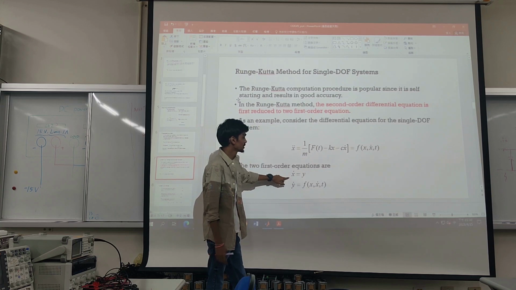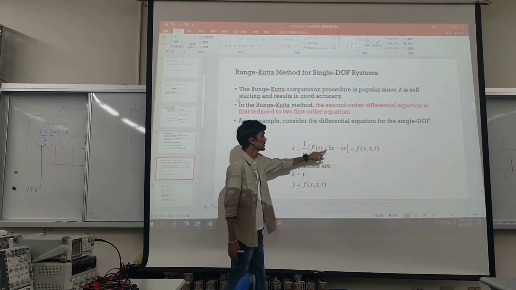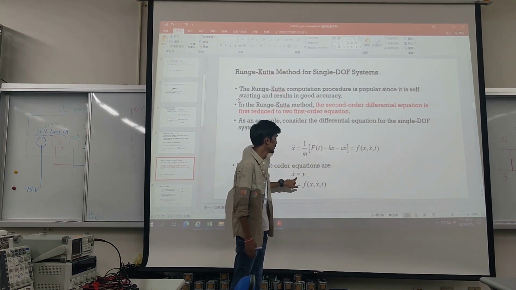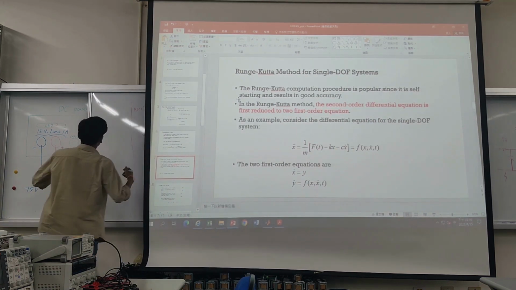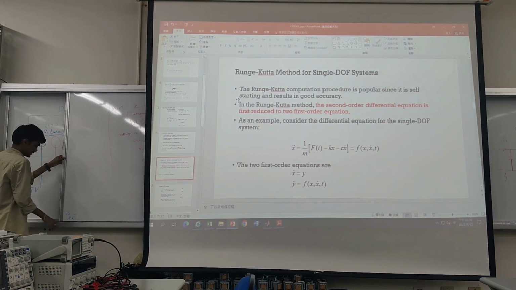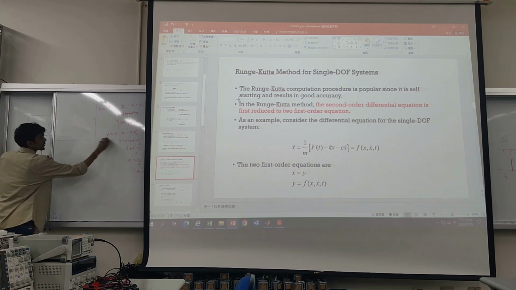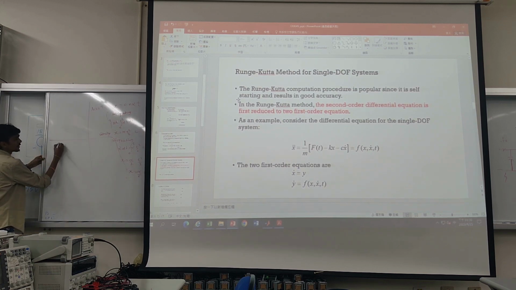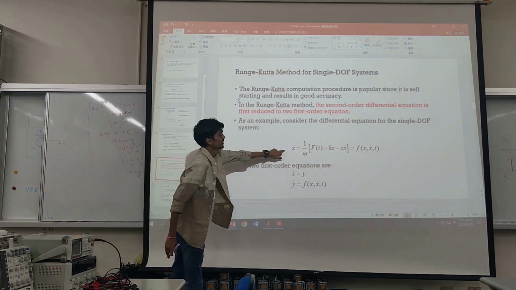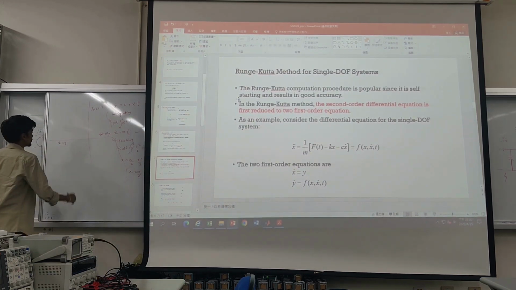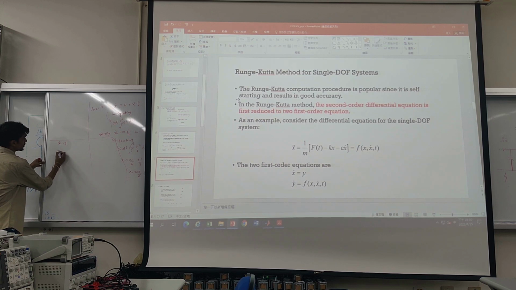This is one equation: x dot is equal to y. If we put x dot equal to y in this equation, what are we getting? y dot is equal to this.